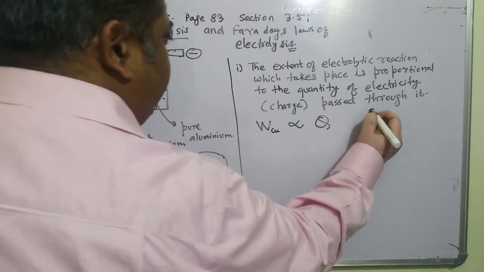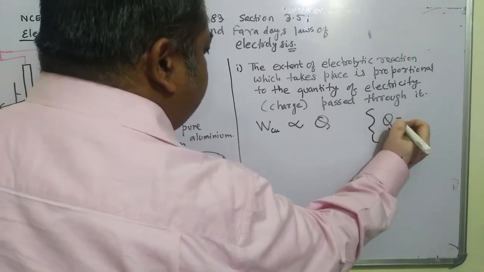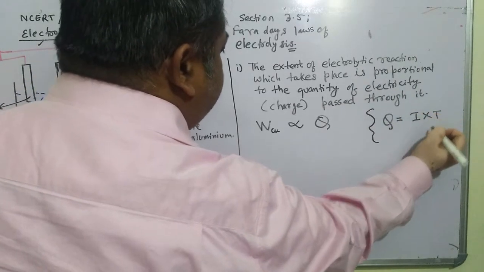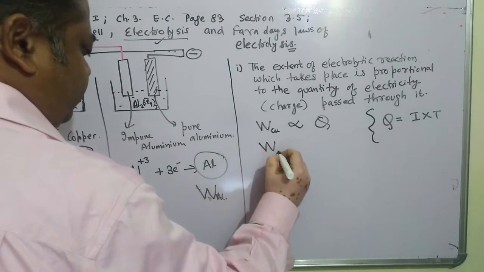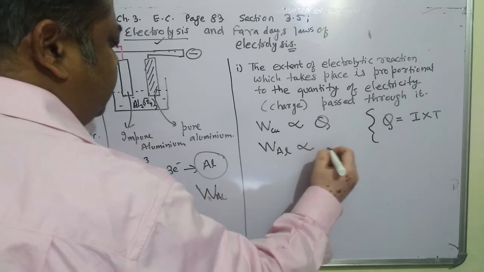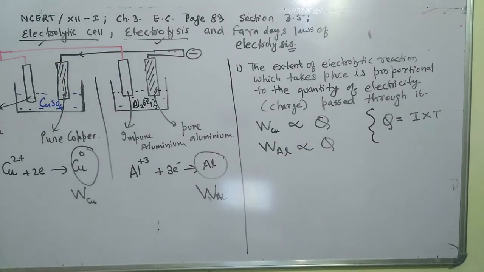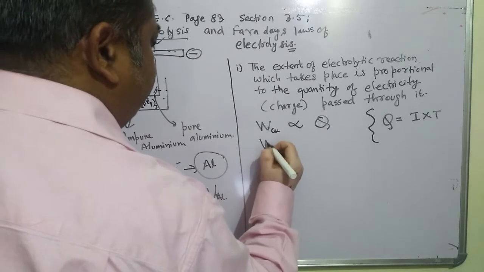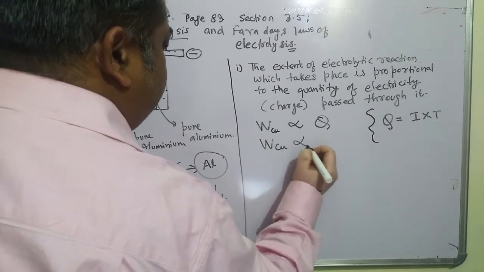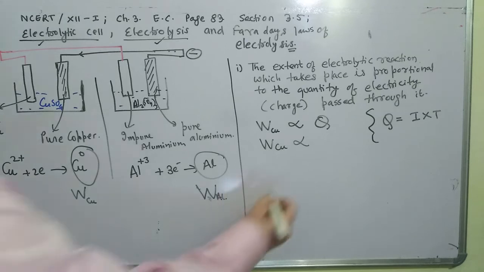Also, we know that charge Q is equal to I into T, where I is current and T is time. Similarly, WAl will be proportional to Q, and Q is the same for both. So we can also write WCu is proportional to I into T.